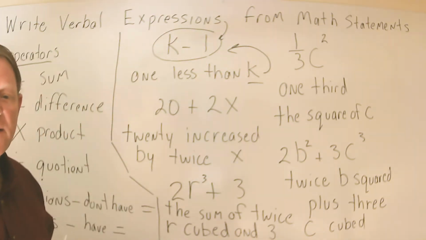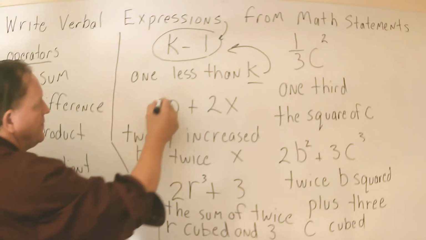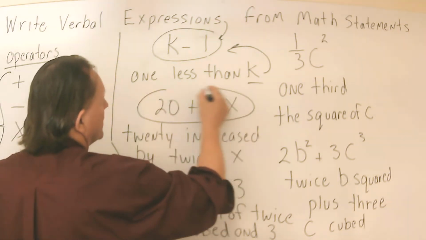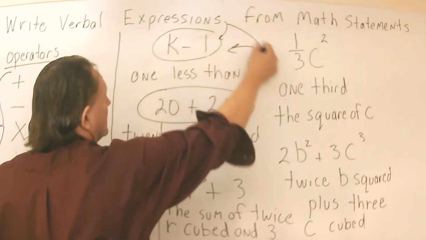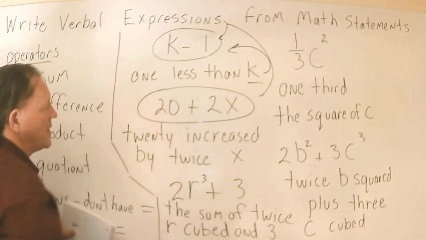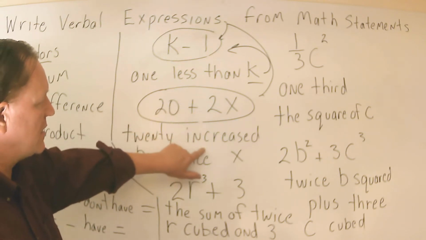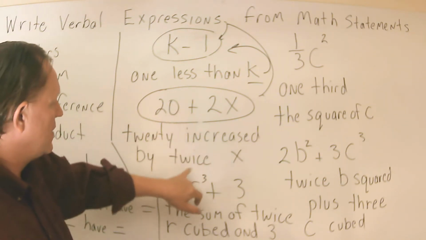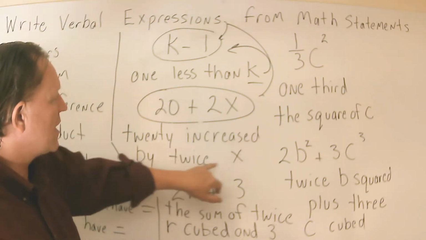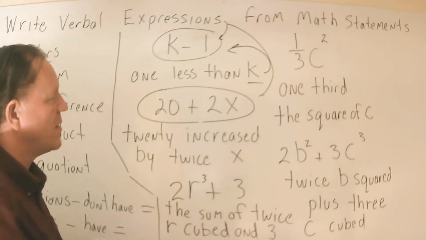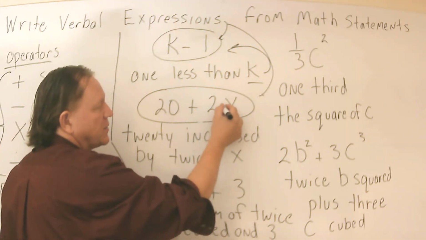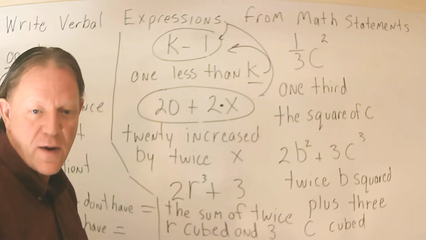Let's go ahead and look at another example of this. Let's look at this one. This expression, another expression here. We have this right here. 20 increased, again, increase is for the plus, by twice x, 2 times x. Remember, there's always this multiplication symbol in here, or operator.